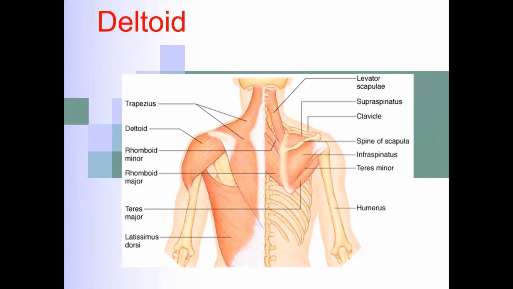Then we have the deltoid muscle. The deltoid muscle now, as I'm sure you can see here, sits over your shoulder. All right? So it's going to be attached to the scapula at one end, and then it goes all the way down until it attaches to the humerus on the other side.